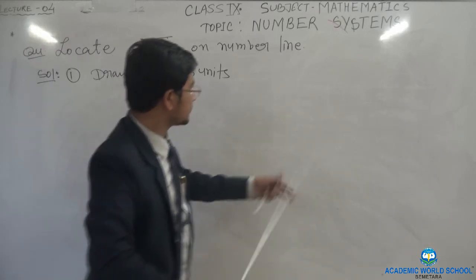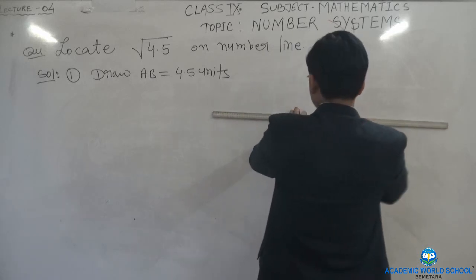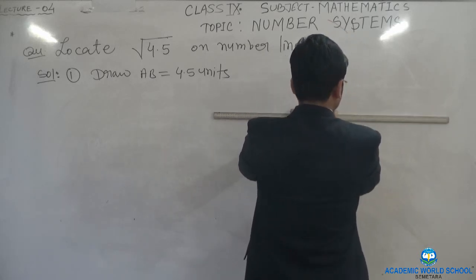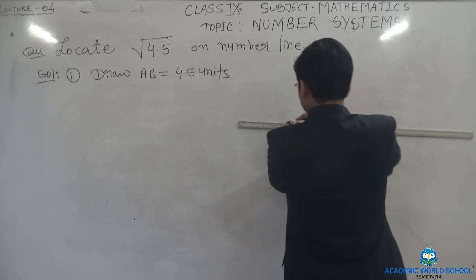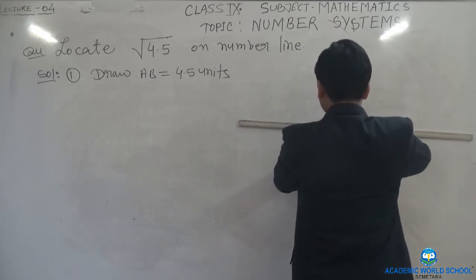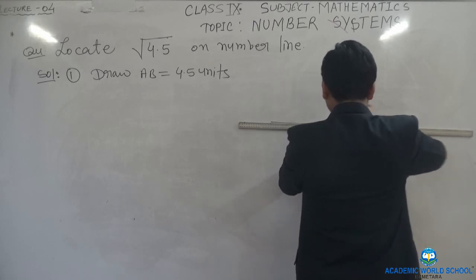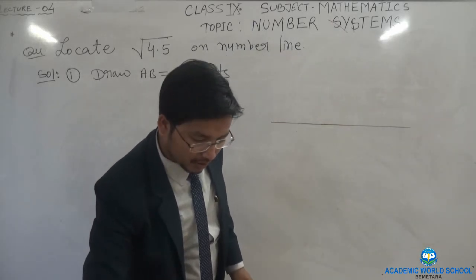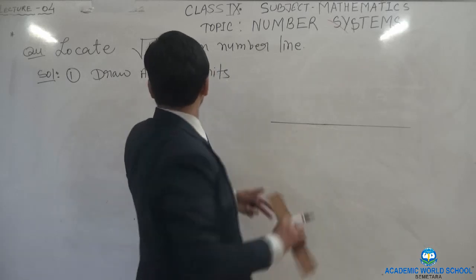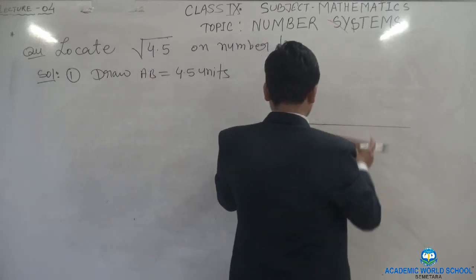So let's say I am going to draw first the number line. So let's say this is my number line. Now I am going to draw AB is equal to 4.5.